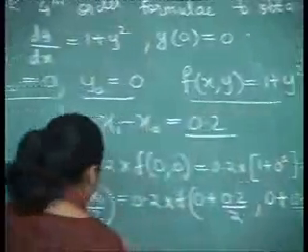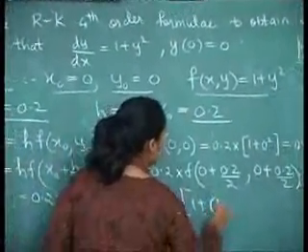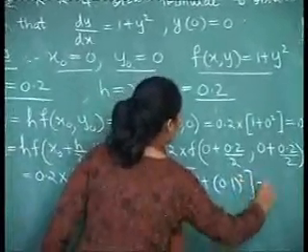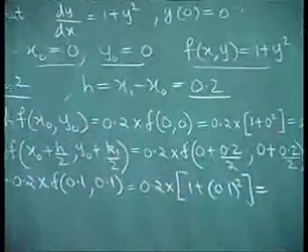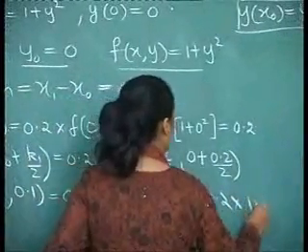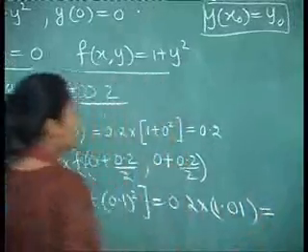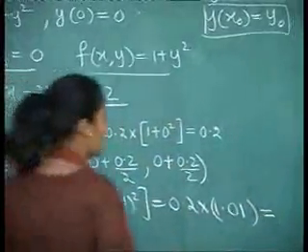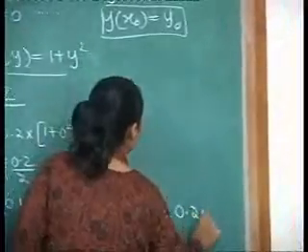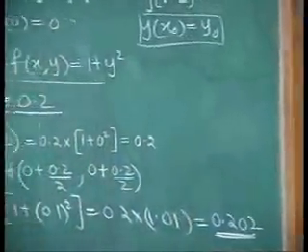So we get 0.2 into 1 plus 0.1 square. That means it will be 0.2 into 1.01. So that will be 0.202. This is K2.